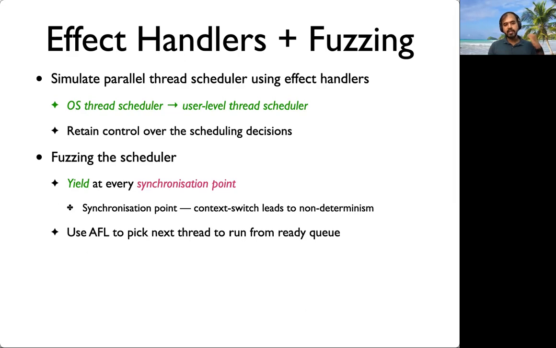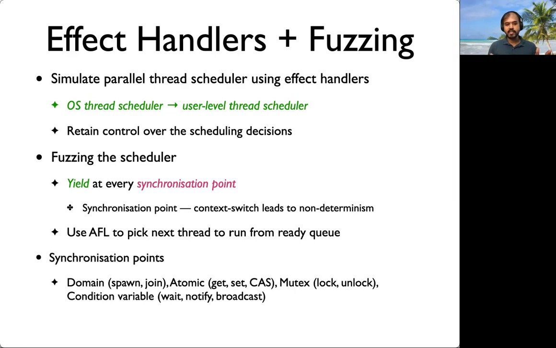So we leave the decision of the next thread to run from the ready queue to AFL. So AFL gets to pick the next thread to run, and the path information is fed back into AFL, and AFL can see whether the program has gone into an interesting path which it has not seen before.